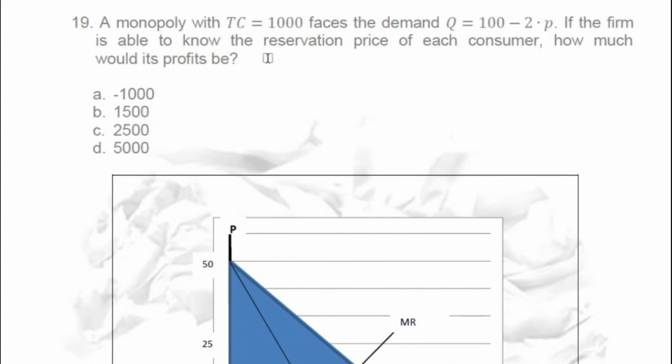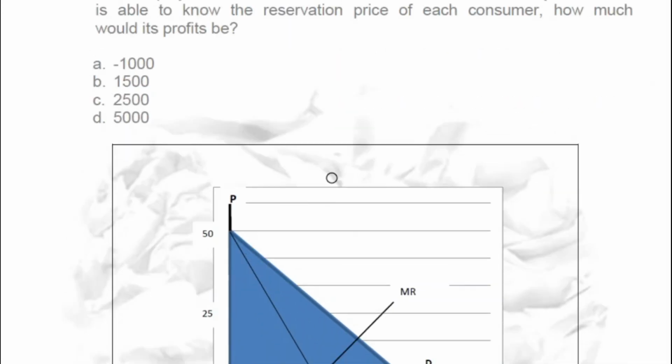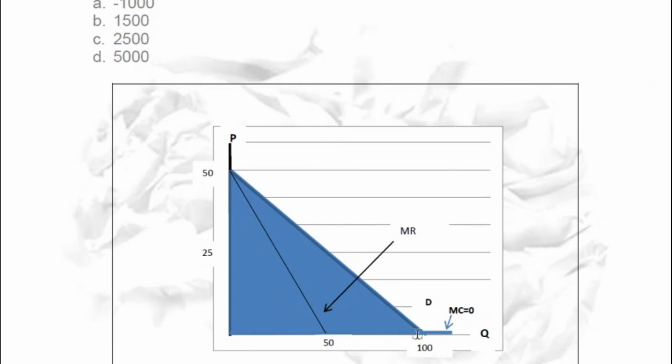As I know the reservation price of each consumer, I charge a different price to each unit or to each consumer until it's worth it for me, as the marginal costs are 0 because total costs are fixed. Then I sell until the 100th unit. So my revenues are all this area, this blue triangle.